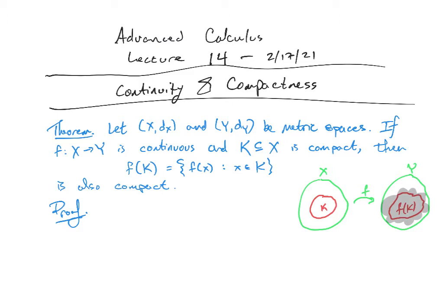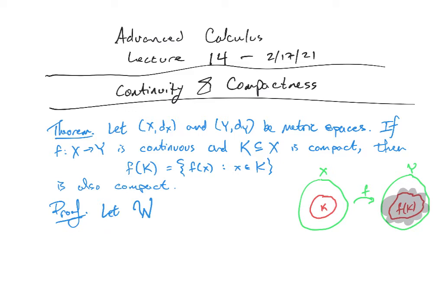So let's get started. We're going to take an open cover of F of K. Usually we let script U be our open cover, but when I was writing this proof, I thought it might be nicer to pick script W, because this is all happening in the range, not in the domain.